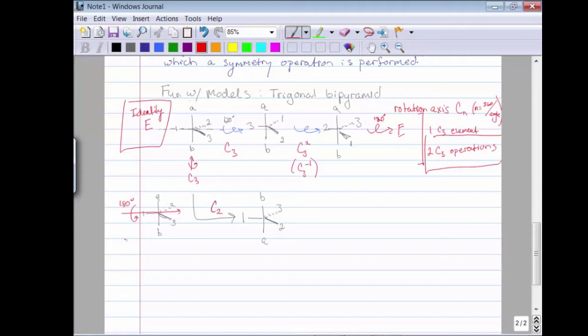So there's 3 different C2 elements. And how many operations do we have for each one of those? So we have 1 C2. What happens if you do C2 squared? It's the same, right? So there's total of 3 C2 things that we have because there's only 1 operation for each.